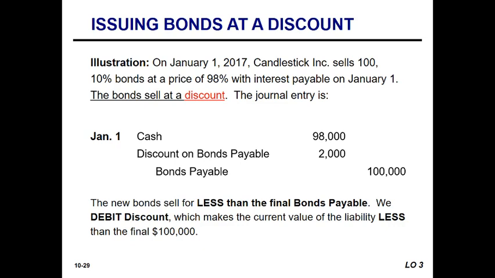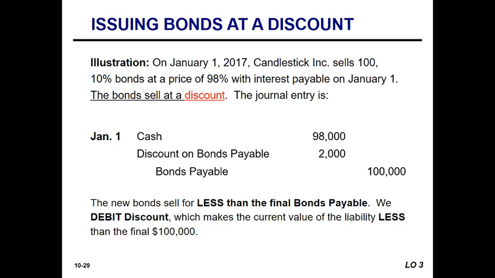The new bonds are selling for less than the final bonds payable amount. We debit the discount, which makes the current value of the liability less than the $100,000. I just want you to keep these particular transactions in mind, and we'll discuss in a later time in your education and in this class how we deal with the discount on bonds payable as time goes on.